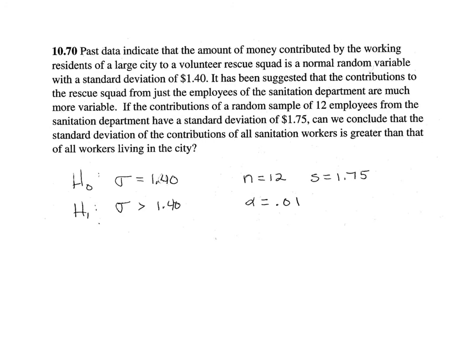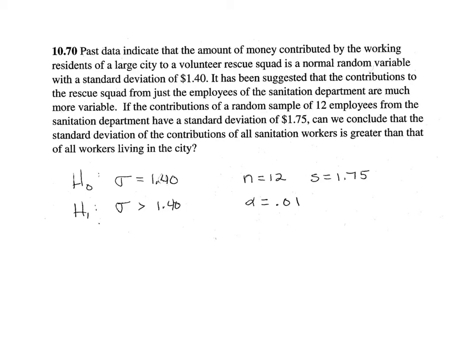The final problem in my review is number 10.70. Past data indicate that the amount of money contributed by the working residents of a large city to a volunteer rescue squad is a normal random variable with a standard deviation of $1.40. It has been suggested that the contributions to the rescue squad from just the employees of the sanitation department are much more variable.